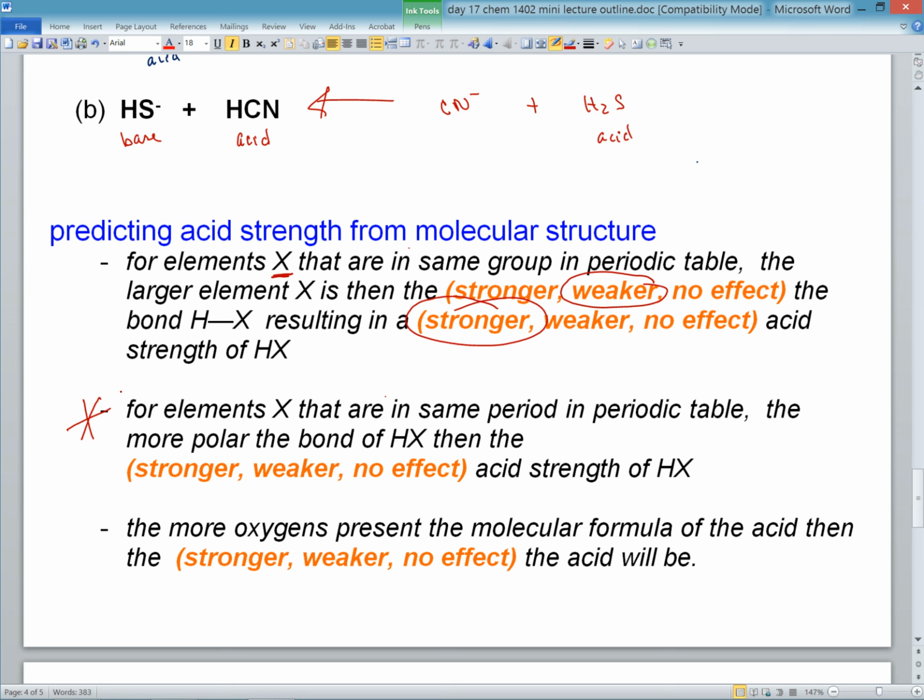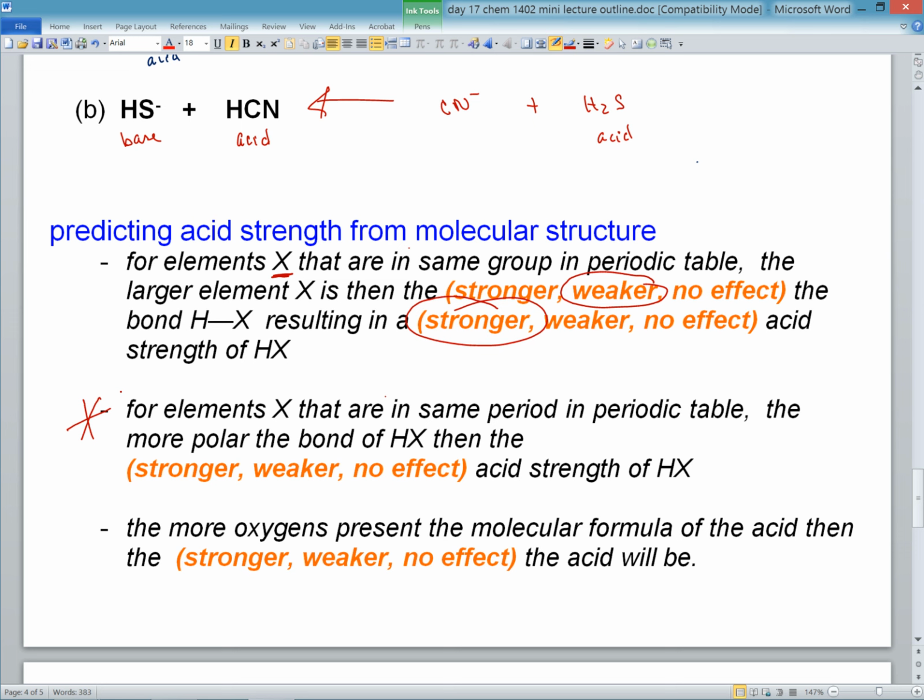Now you have elements that are in the same period in the periodic table. Going across, the more polar the bond, then the, Teresa, this is a hard one. Before you answer though, there is logic to it. I was picking on Daisy, and I said, Daisy, look at the periodic table, there's half of your strong acids there. Which halogen did she not name as a strong acid?